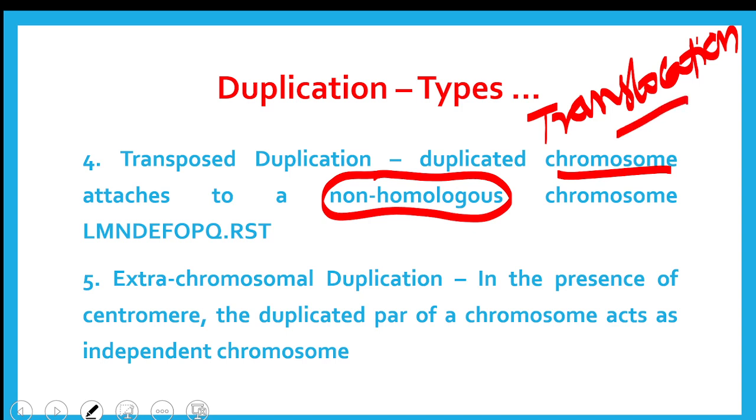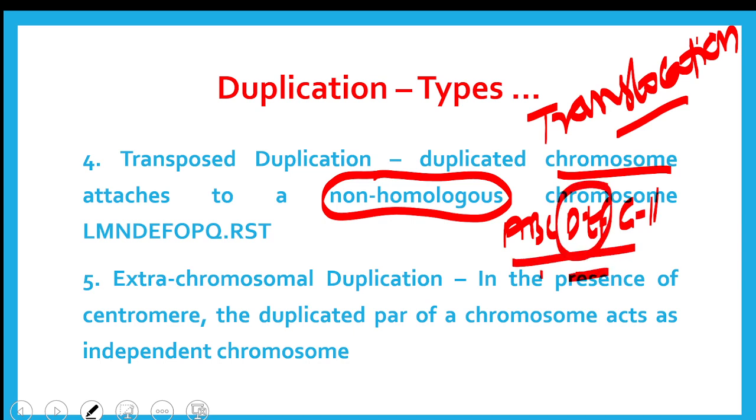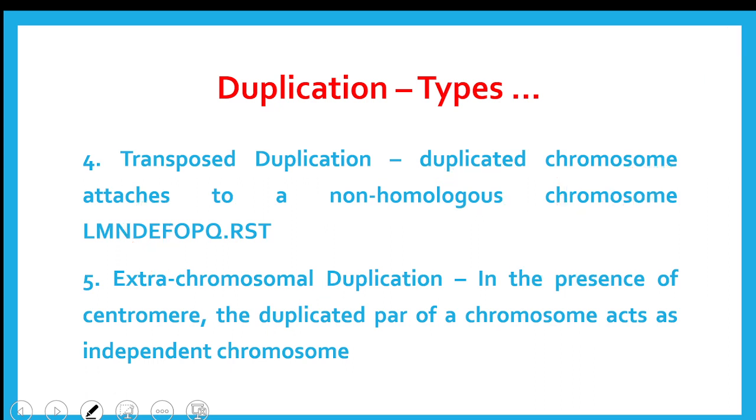Here it is duplicated. So A, B, C, D, E, F, G, H, and here this DEF is duplicated, and this duplicated segment is transferred to another non-homologous chromosome, and hence this is called transposed duplication. And the last one is extra chromosomal duplication.